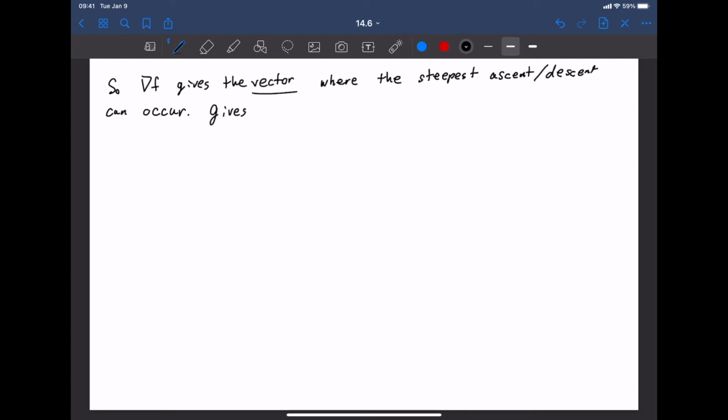It gives the direction of the steepest tangent line at a given point. These are the same notion.